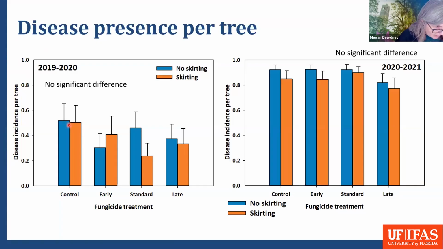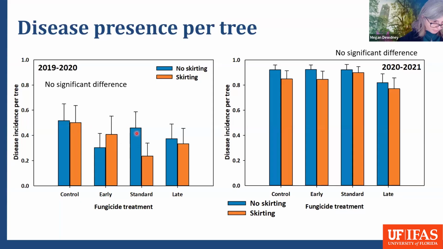Blue is no skirting and orange is skirting. Here we have our skirting treatment, and then we have our control, early, standard, and late fungicide treatments, and our disease incidence. There were no significant differences amongst the treatments, but you can see that particularly in the control, skirting made no difference.